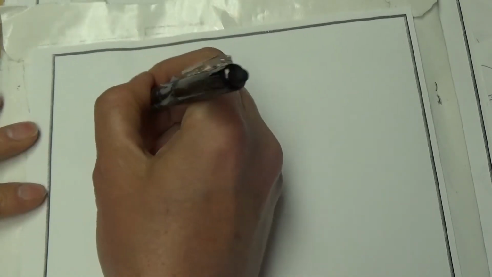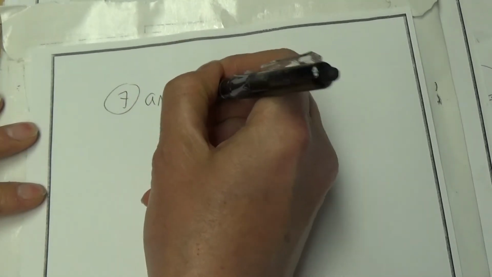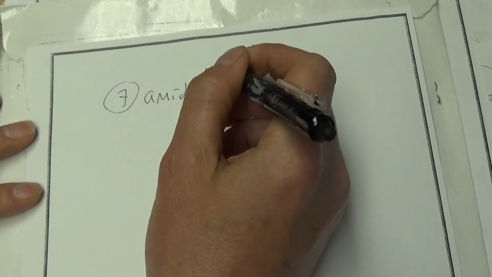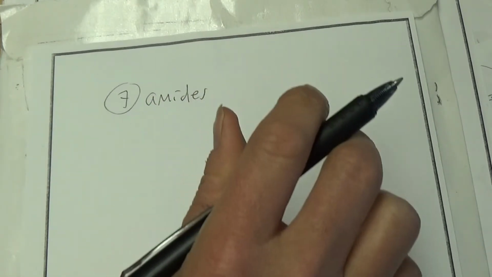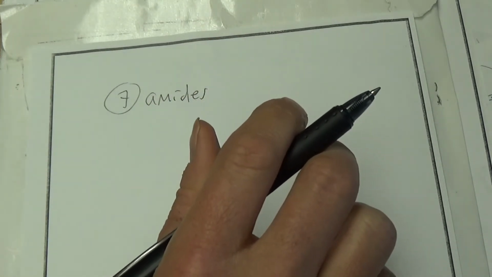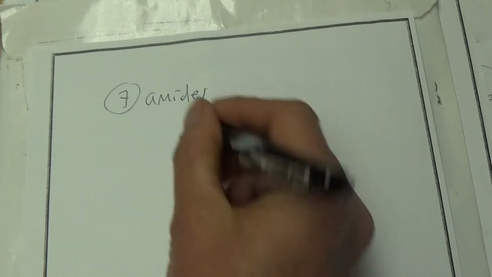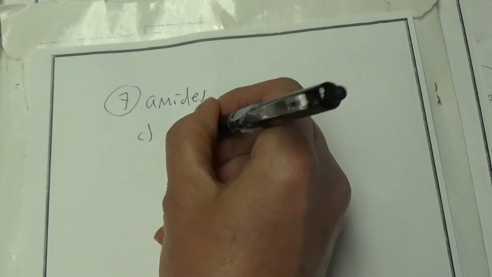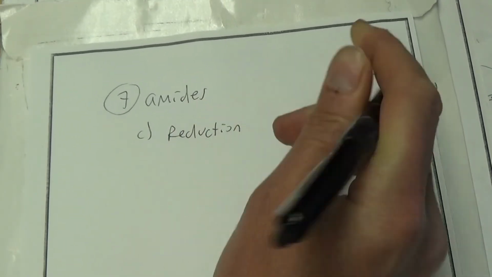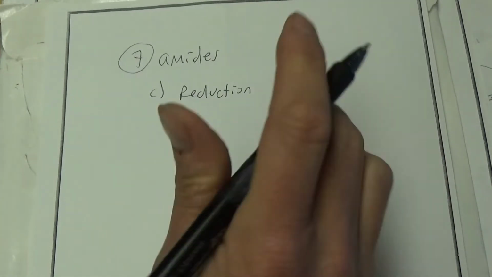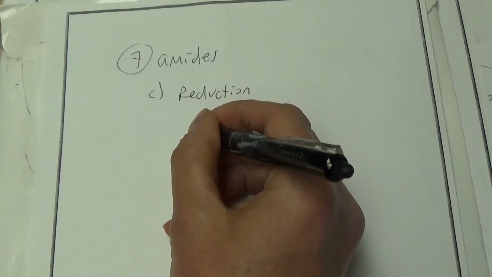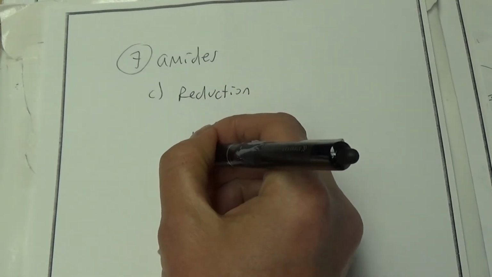So we're still on amides, and we're on part C, reduction of amides. Let's just show a couple examples of these reactions we just talked about.